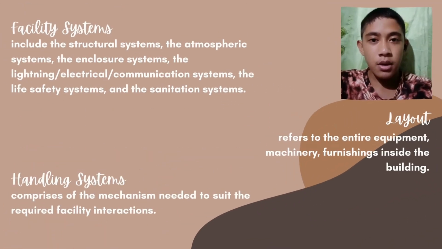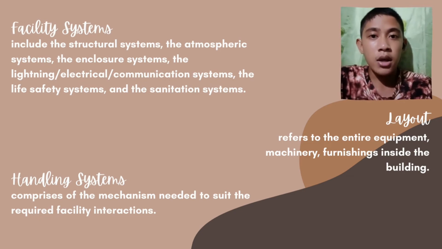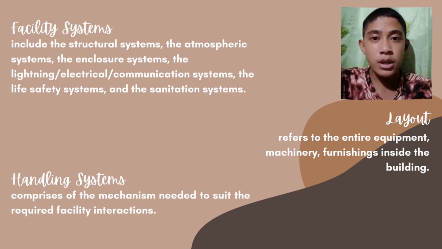Facility systems, the layout, and the handling system are design components of a facility. The facility systems include the structural systems, the atmospheric systems, the enclosure systems, the lighting or electrical or communication systems, the life safety systems, and the sanitation systems.